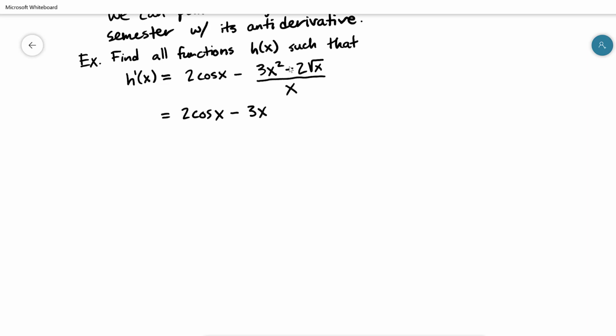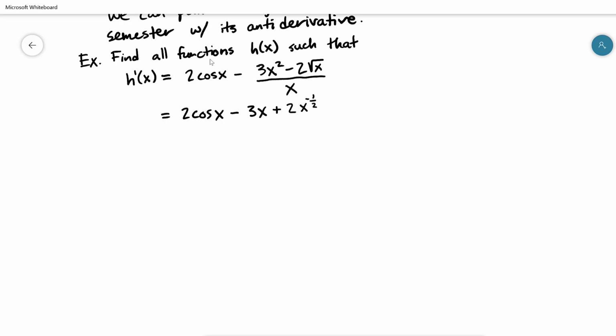Those are going to cancel and become a plus. I'm going to have that factor of 2, and I have a square root of x over x, so x to the 1/2 power over x to the 1st power. This ultimately is the same as x to the negative 1/2 power. That is what that term simplifies to.